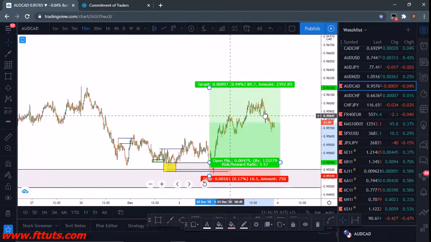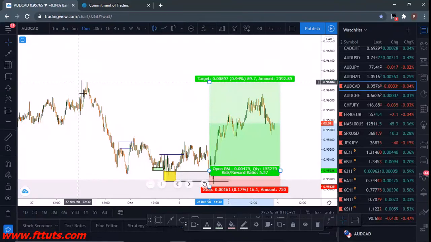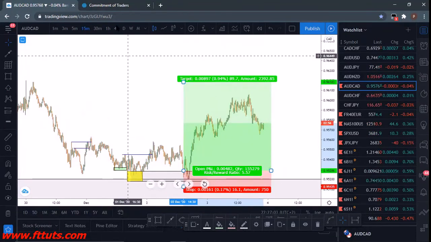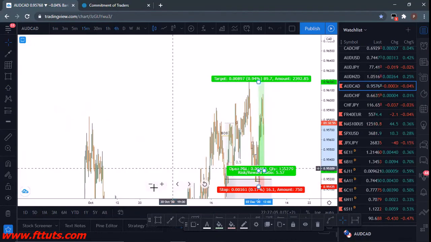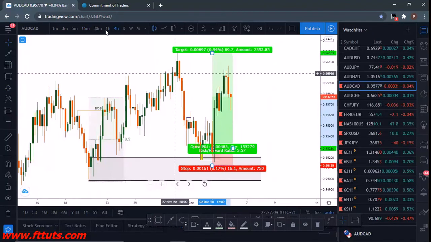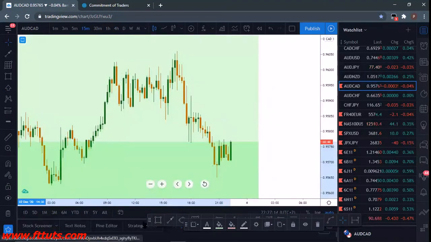This trade is reversing probably because it came back up on these areas here. If you check the higher time frame, it's reversing on this 4-hour area.